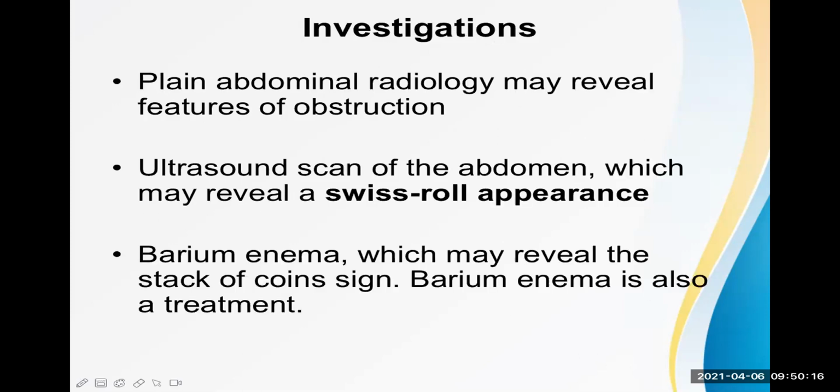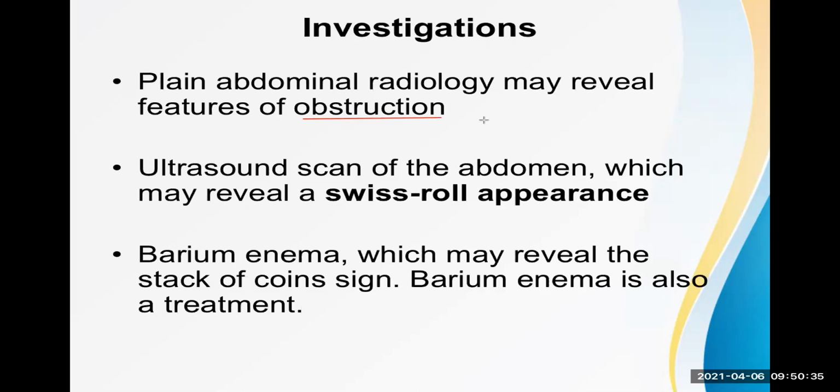Now let's talk about the investigation. Plain abdominal radiology may reveal features of obstruction, and those features of obstruction we have just discussed. On the supine view there are distended or dilated loops of the bowel.